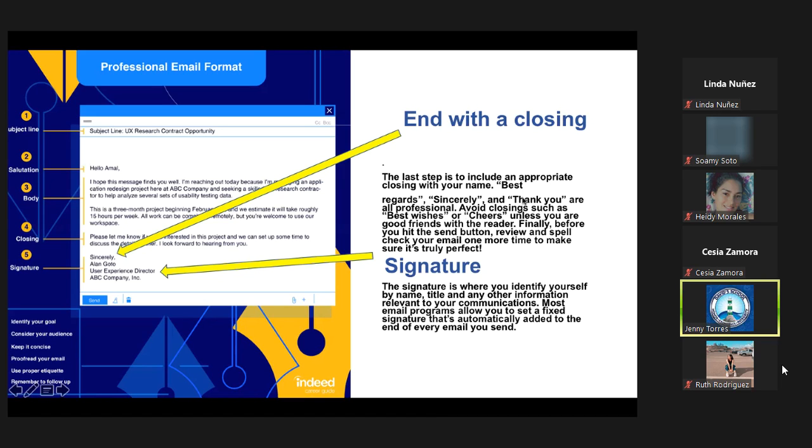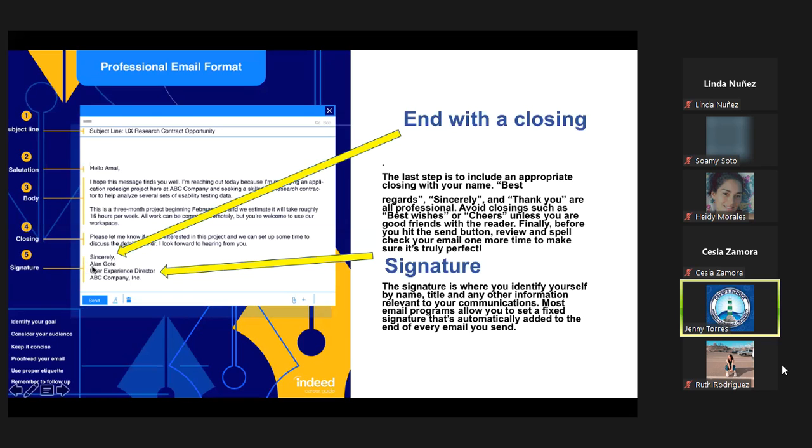Ok. And at the end, so you write sincerely, comma, best regards, comma, thank you, comma, and then you're going to write your name, the position you have in the company or the title you have, and the name of the company over here. So now here you're going to use a closing phrase like best regards, sincerely, or thank you.